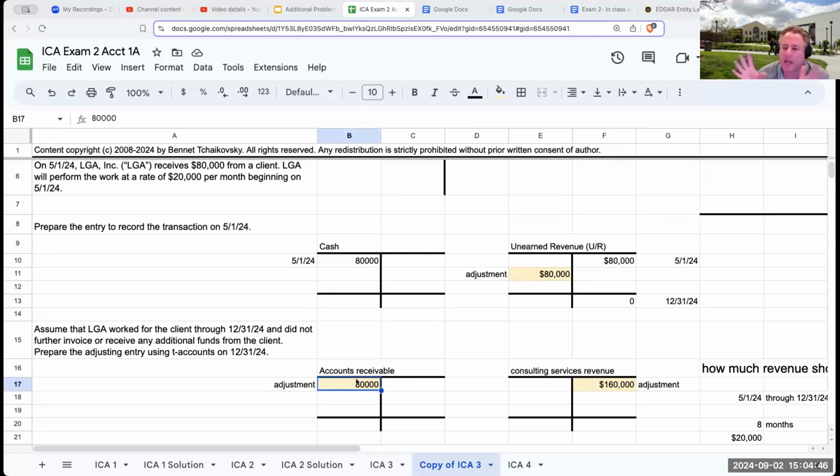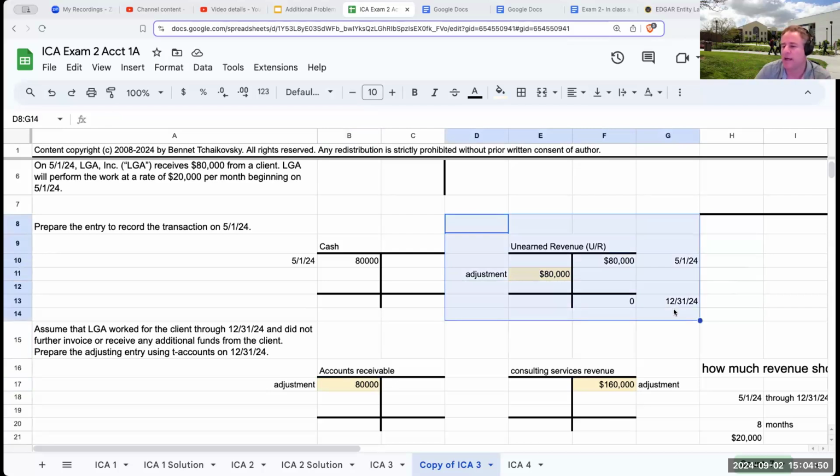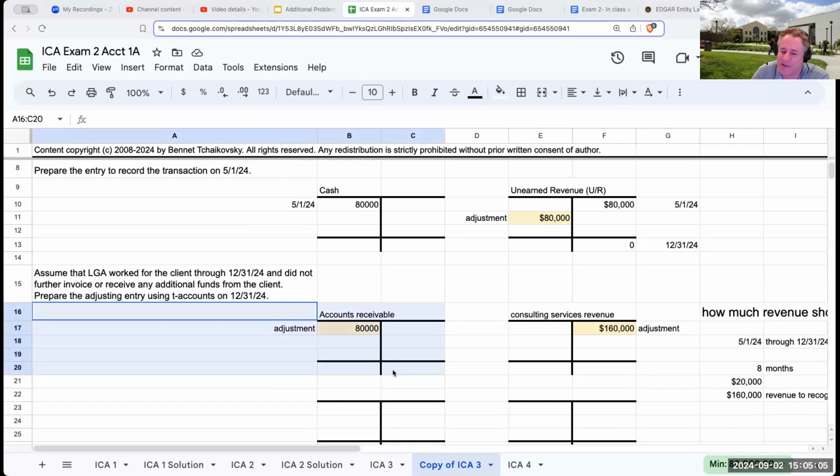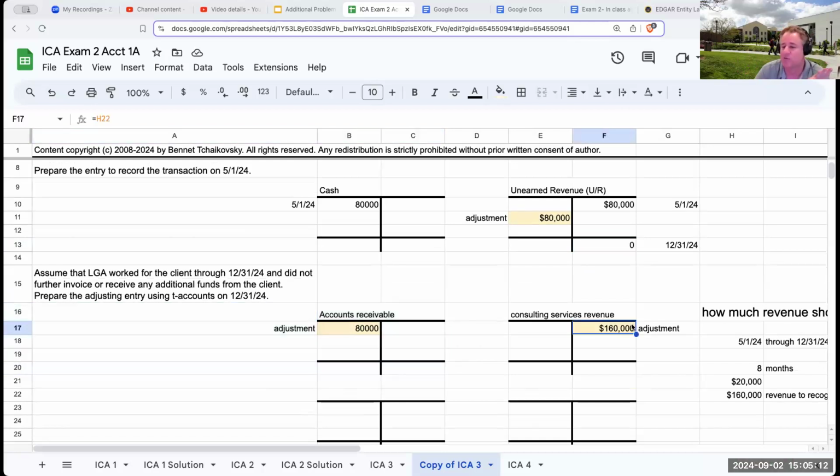So can I answer my questions? I have no further liability in the form of services I need to perform for this client because I've exhausted through that work. So my liabilities do reflect my future obligations of zero. And my assets, this now reflects what I am owed, right? This client, I did 160,000 worth of work, less the 80 they paid me.